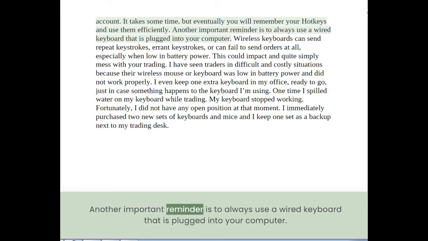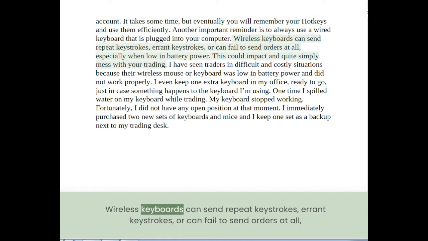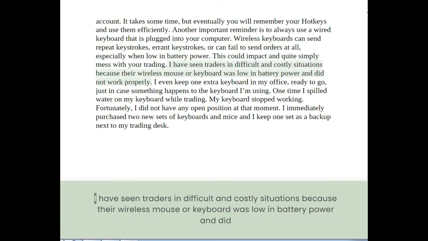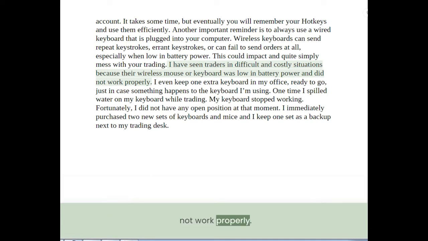Another important reminder is to always use a wired keyboard that is plugged into your computer. Wireless keyboards can send repeat keystrokes, errant keystrokes, or can fail to send orders at all, especially when low in battery power. This could impact and quite simply mess with your trading. I have seen traders in difficult and costly situations because their wireless mouse or keyboard was low in battery power and did not work properly.